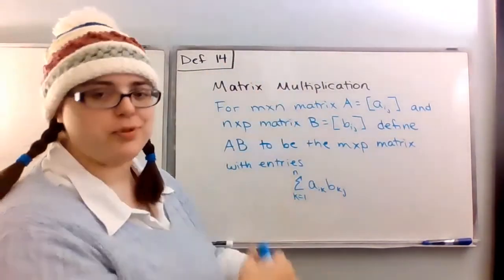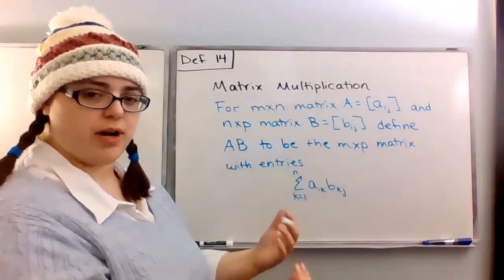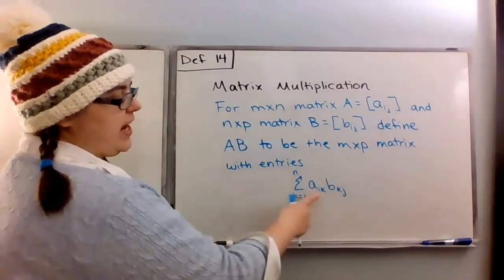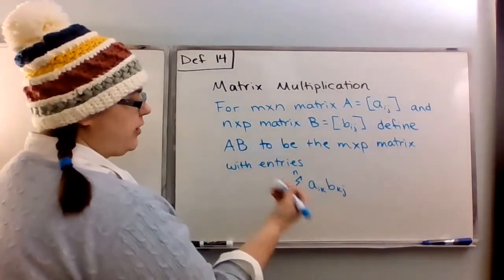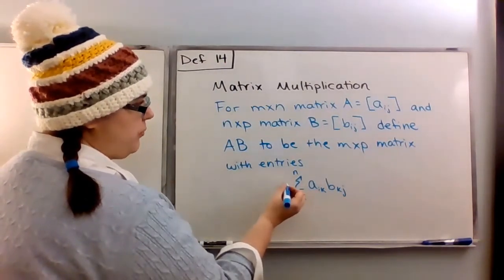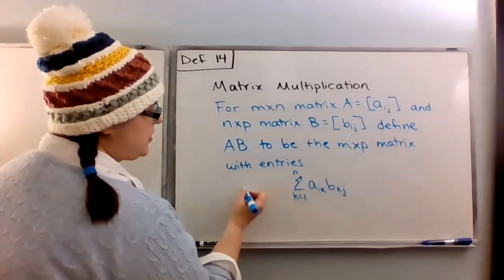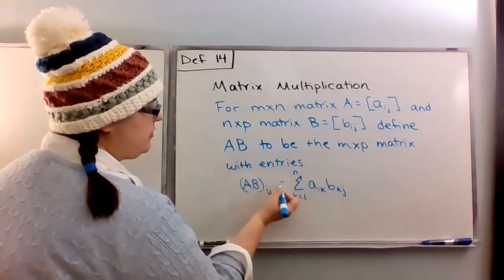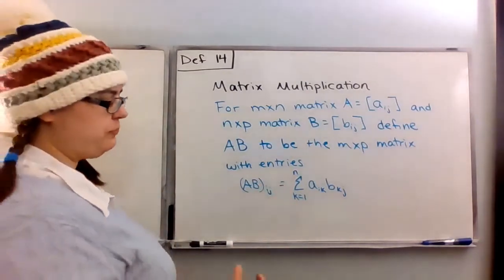Again, we're going to do an example so we can see this visualization and process. But notice that in these summations, this is the ijth entry of AB. So the ijth entry of AB is equal to the summation.